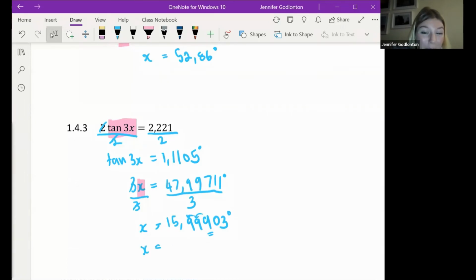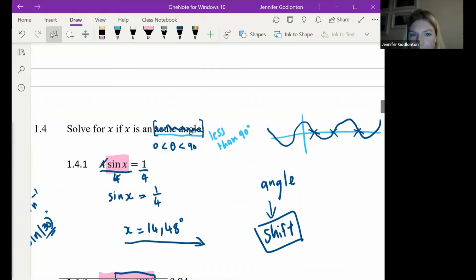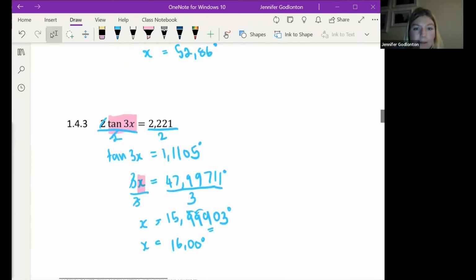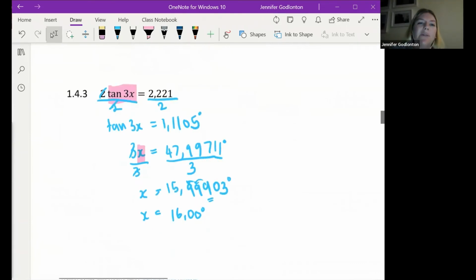And so what we land up with is 16,00 degrees. Now, if you said 16 degrees, I would give you the mark because I never said anywhere in the question to 2 decimal places. But remember, if it says to 2 decimal places, those zeros need to be there. Nice work, guys. I hope it's coming back to you and you're feeling good about life and good about trig.